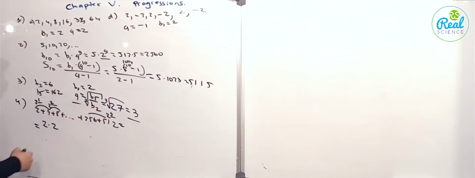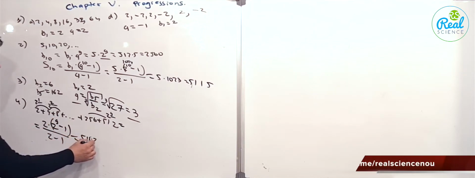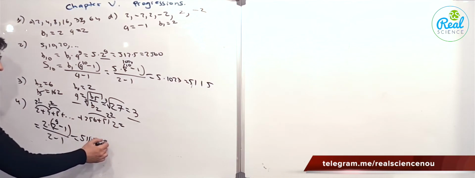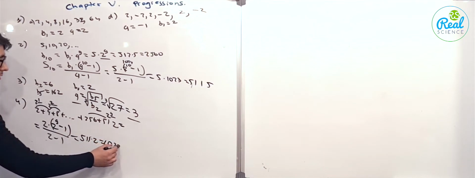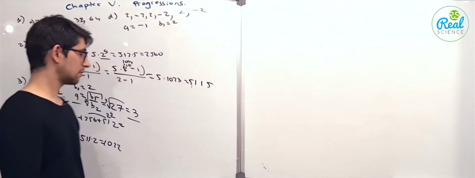In total you have 9 terms. 2 to the power of 9 minus 1, divided by 2 minus 1, Q minus 1, right? Equals? 512 minus 1, 511, multiplied by 2, right? 1,022. Not 100 but 1,000, right?